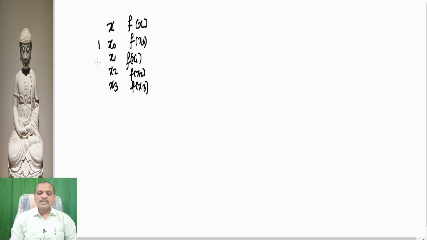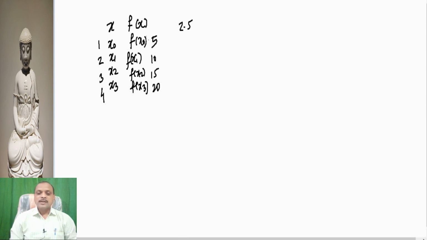In particular, if we take 1, 2, 3, 4 as the values of x, and suppose 5, 10, 15, 20 are the values of the function at these particular points. Then sometimes it is asked to find the value of the function at 2.5.